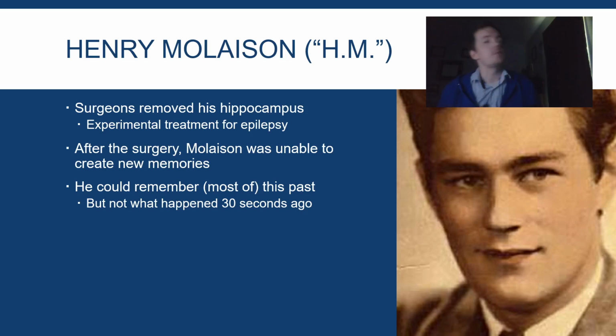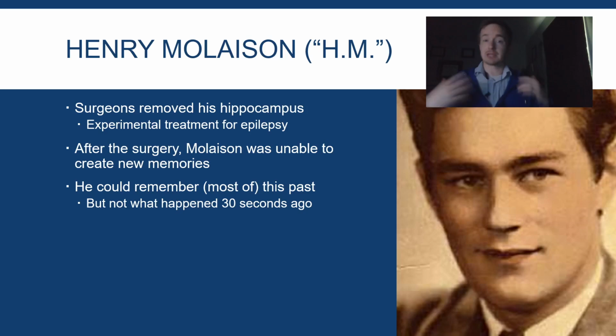And the thing about this is that before, we had no idea what the hippocampus did. Nobody knew what it did. Now we can learn that, okay, if you lose your hippocampus, you lose your ability to form memories. That seems like a very clear causal connection, right?